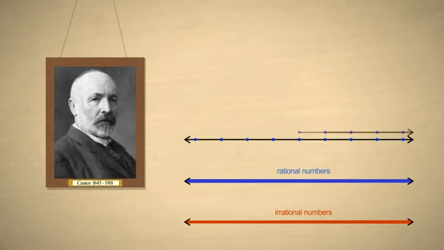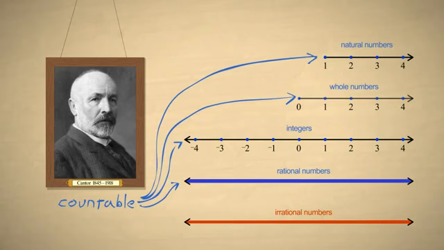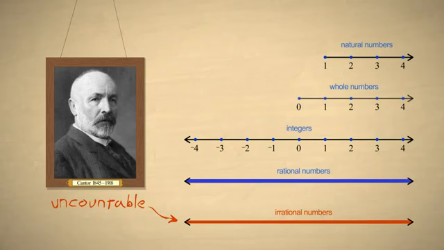Rational numbers, integers, whole numbers, and natural numbers were infinite, but a particular type of infinite he called countable. Irrational numbers were also infinite, but what he called uncountable, a much larger infinity than the countable rational numbers. Cantor established a hierarchy of infinities.